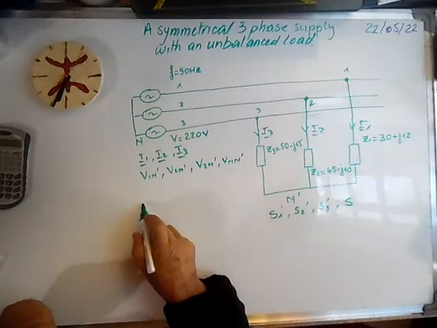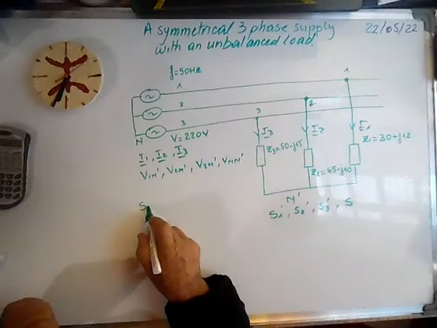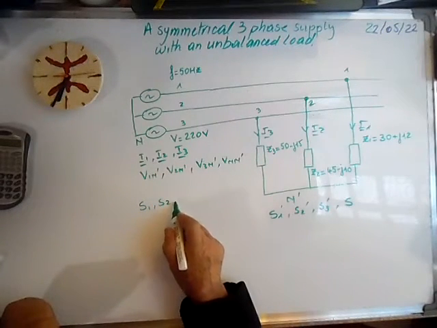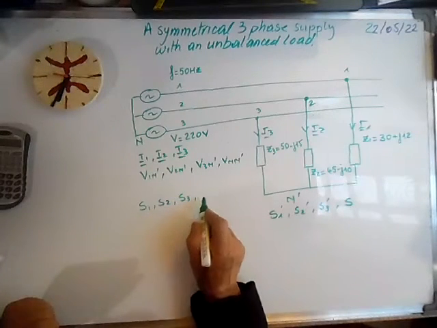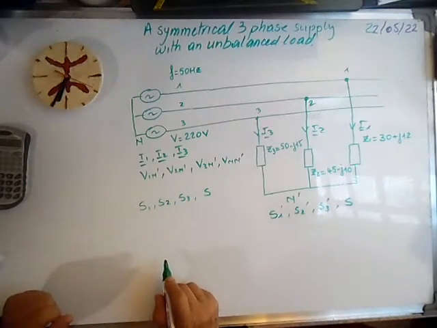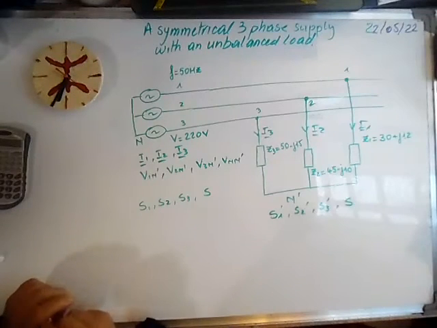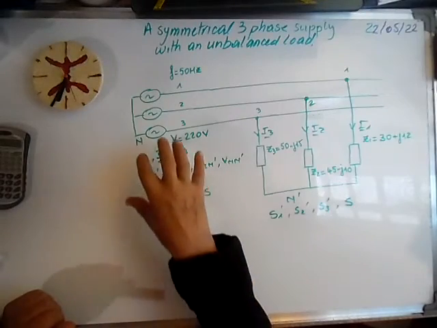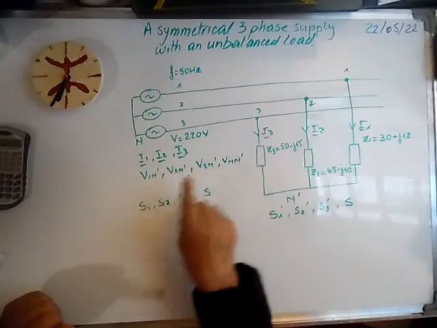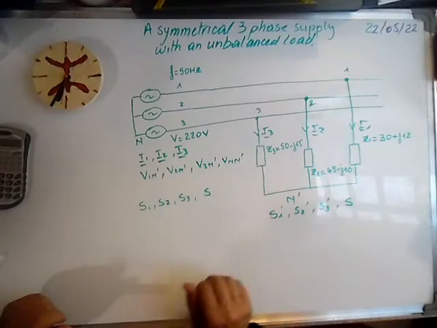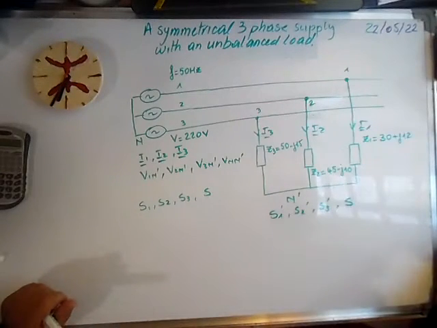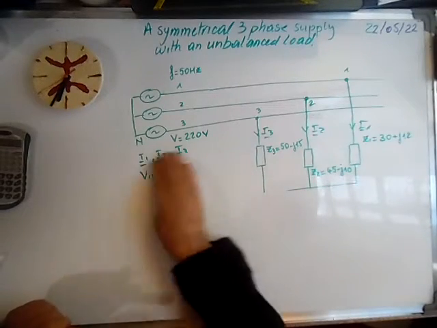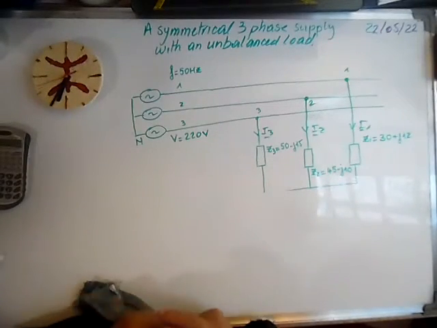And here we calculate the power produced by the three generators, S1, S2, S3, and the total S. So we go step by step. First step is to calculate the currents and the voltages, and later in the second film I think we will calculate the powers. Okay, let's write our equations.